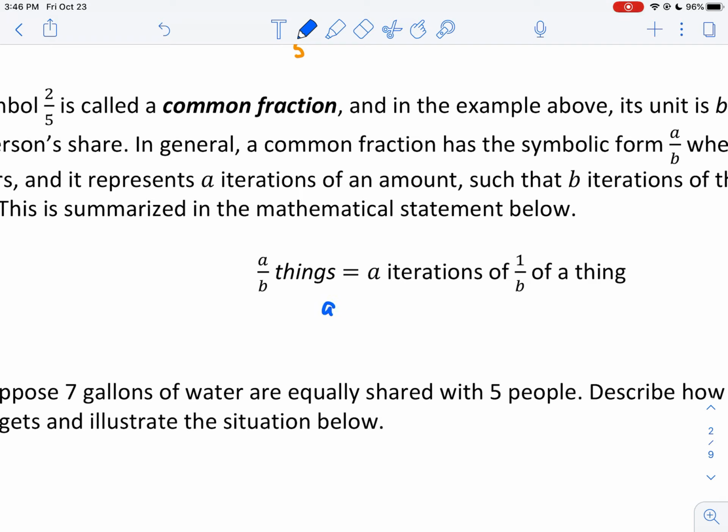This is similar to simply saying that a over b can be thought of as doing a times 1 over b. Or a bths is the same thing as doing a times 1 bth. And I just like to put the units here, even though I'm being general, because you should always be thinking about something. It's a bths of something and 1 bth of something.